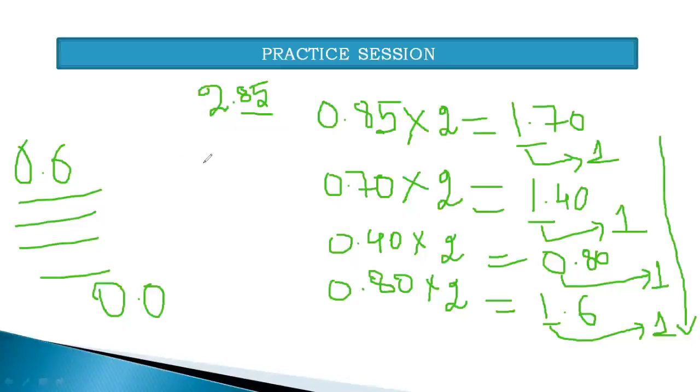So the extracted value will be 1111, and the value of 2. For 2, if you need to solve it through the calculation, you can solve it, but we know that for 2 we can directly write 10. So this will be the binary equivalent of 2.85.